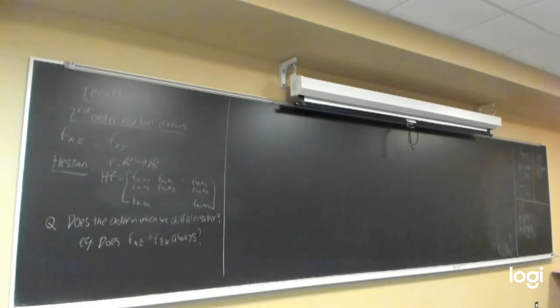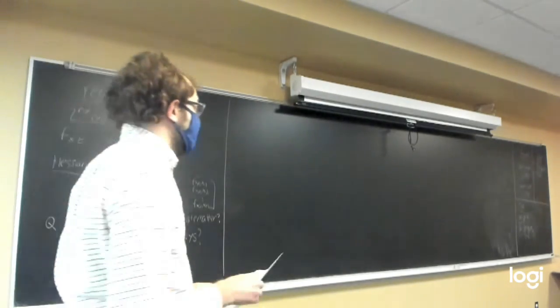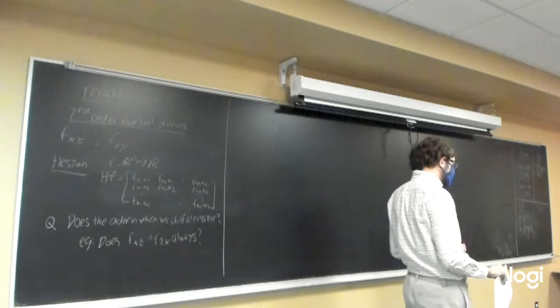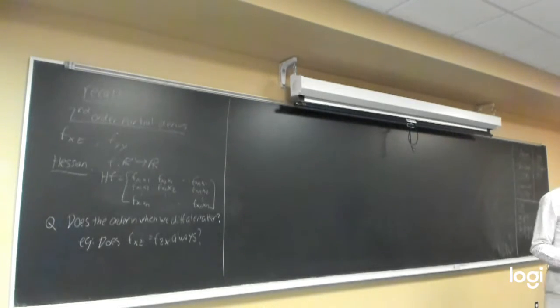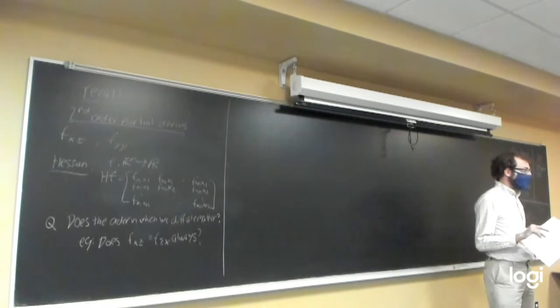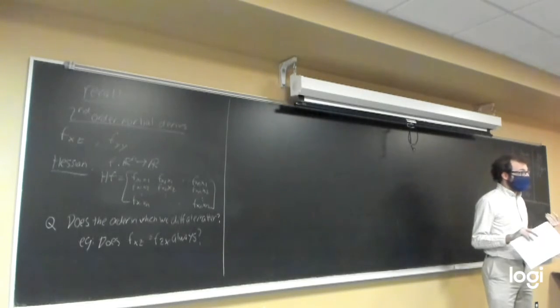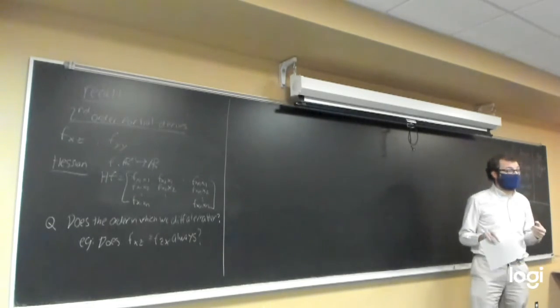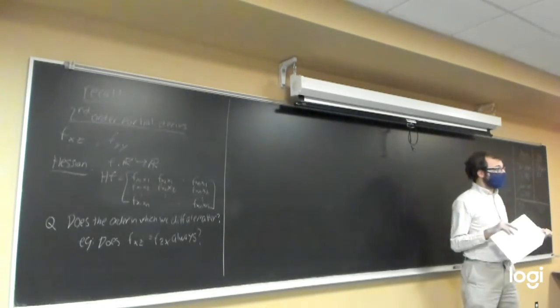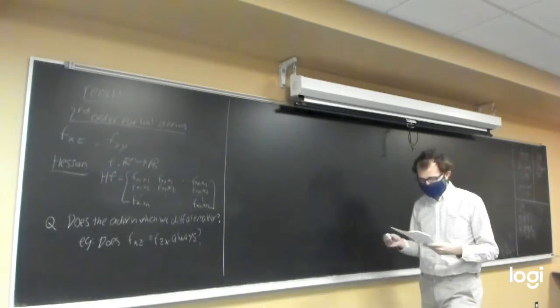So, to start out, I have some definitions for you. We're going to talk a lot today in class about what it means for a function to be of class C^k, which basically says something about how many times we can differentiate our function f before we start running into problems.